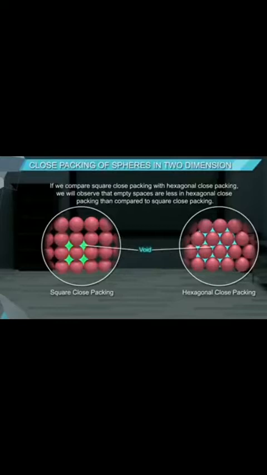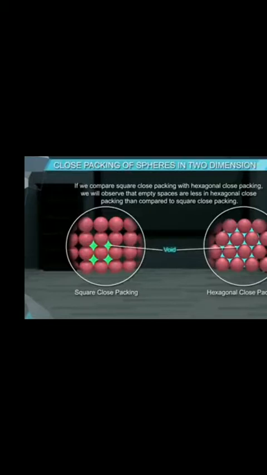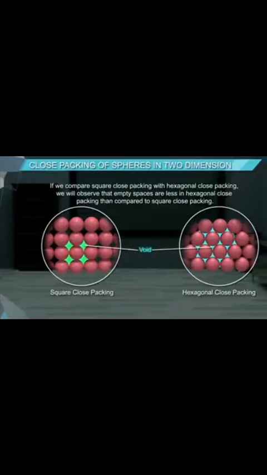So it is clear from here what the voids are. Voids are the empty spaces, right, between the constituent particles, and the number of voids are more in square close packing and it is less in the hexagonal close packing, right?